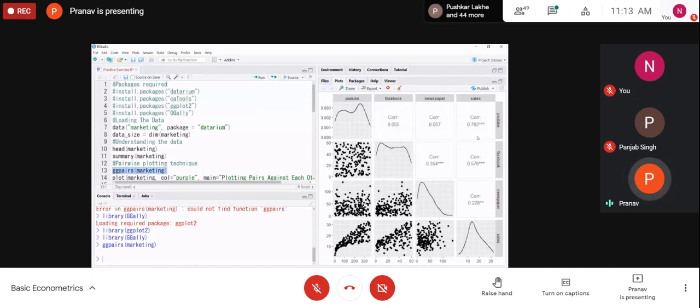Sales is correlated with YouTube, sales is correlated with Facebook, sales is correlated with newspaper, and ये तो इसका density function. So all these graphs on the diagonal are the density functions of all these observations of these variables.